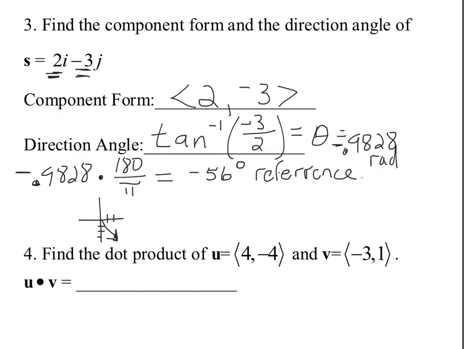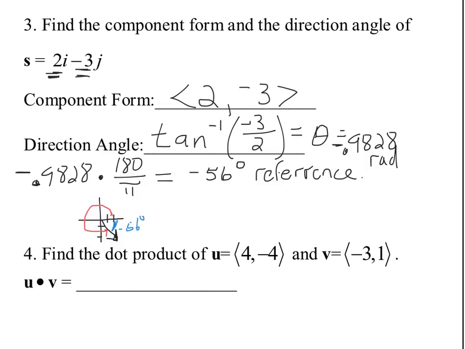So if I'm located in quadrant 4, to get this angle measurement, that means I'm going to have to go from the standard position all the way around to quadrant 4. Well, that's at least 180 degrees plus another 180 degrees minus 56, because this would be our 56 degrees right here. So this is our -56 degrees right here.